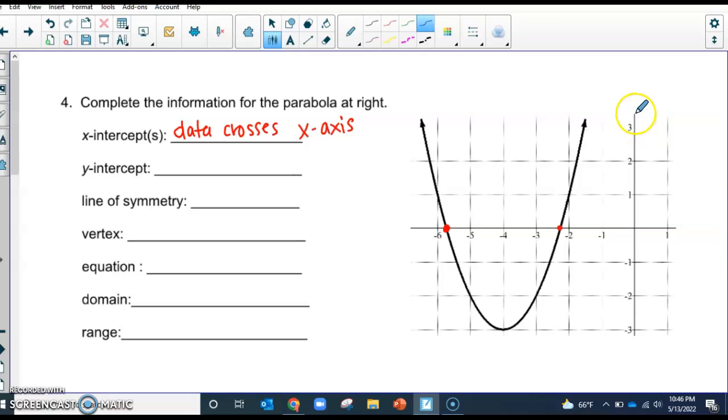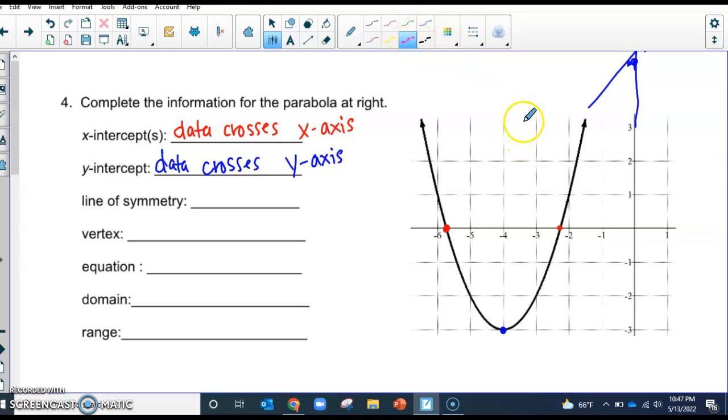Your y-intercept is where your data or your line crosses the y-axis. So that would be as this goes up here, it's crossing up there.